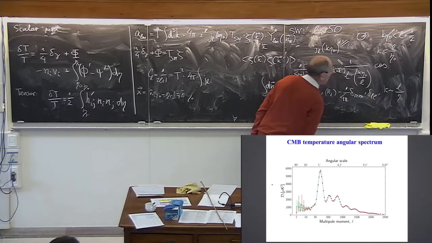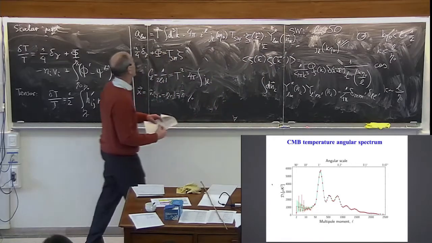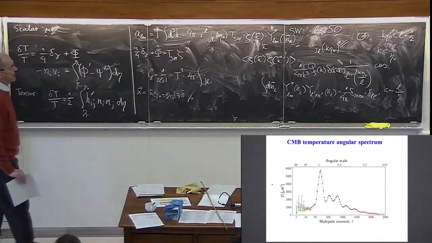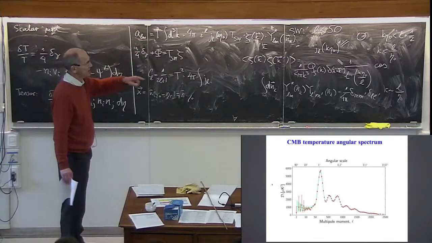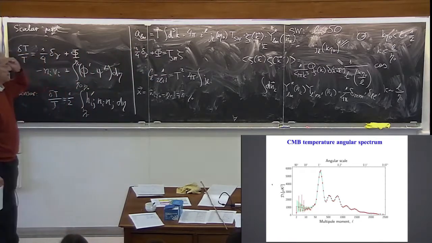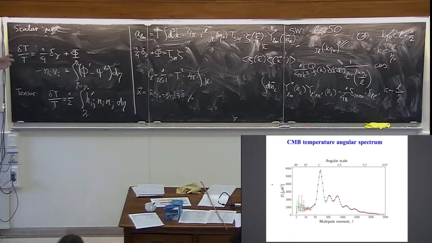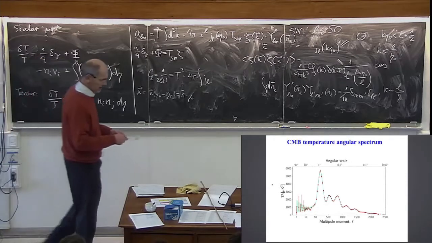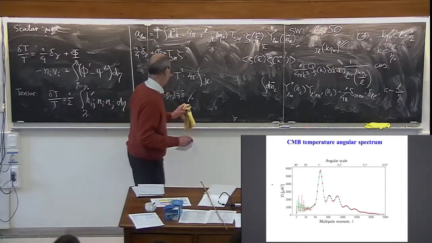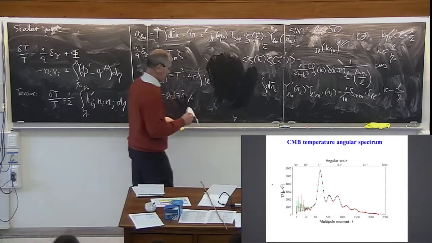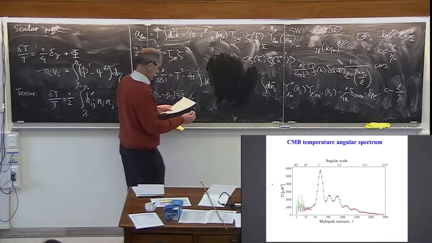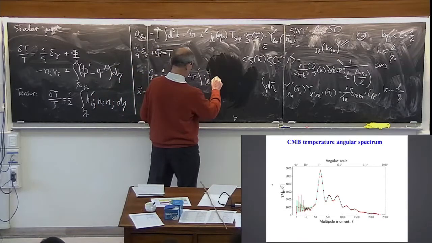So I was not cheating when I said that the average values of A times A is proportional to delta symbols. That's the property of spherical symmetry of your system.